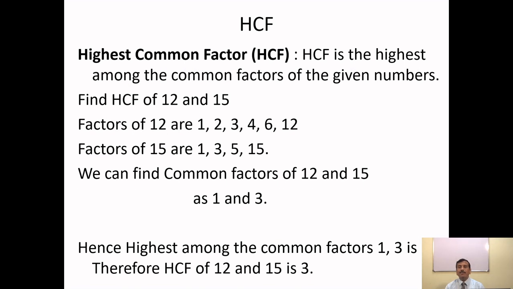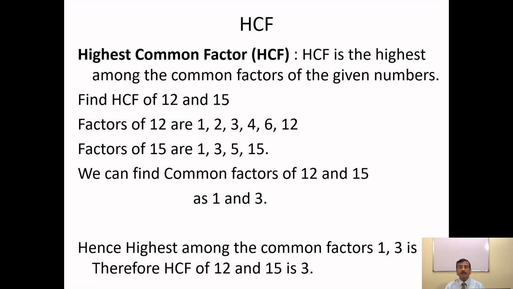After looking at LCM, now we proceed to calculate HCF, highest common factor. Highest common factor is the highest among the common factors of the given numbers. Let's take an example. Find HCF of 12 and 15. Factors of 12: 12 is divisible by 1, 2, 3, 4, 6 and 12.